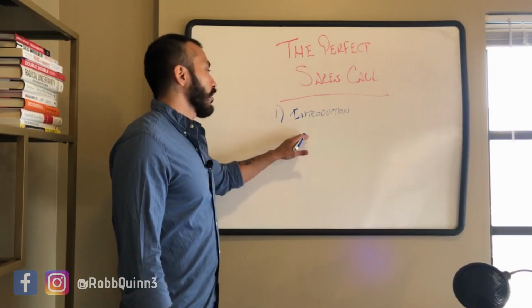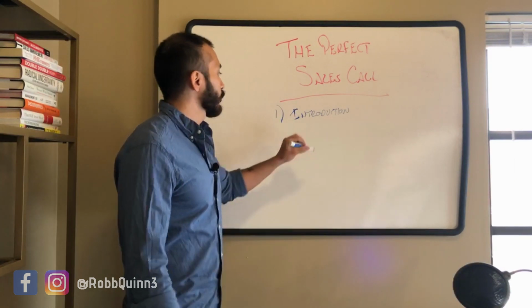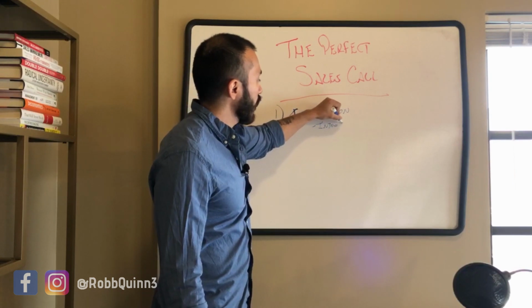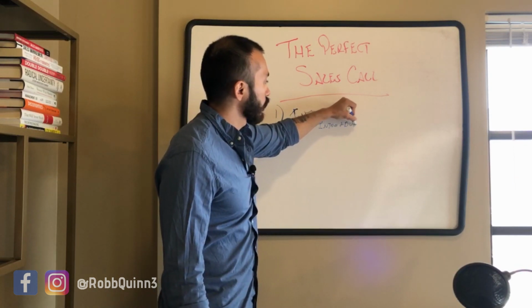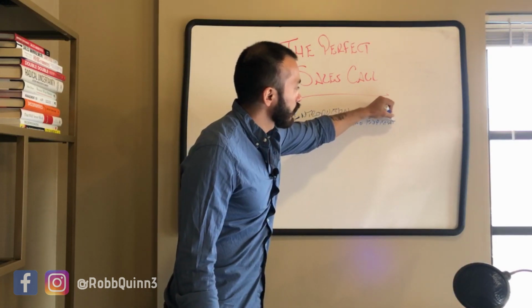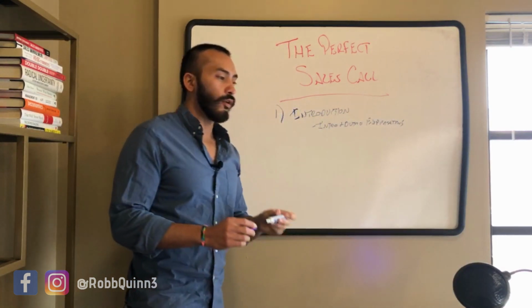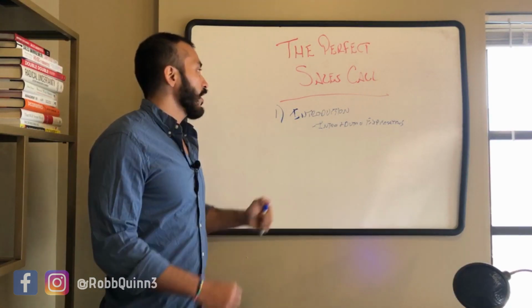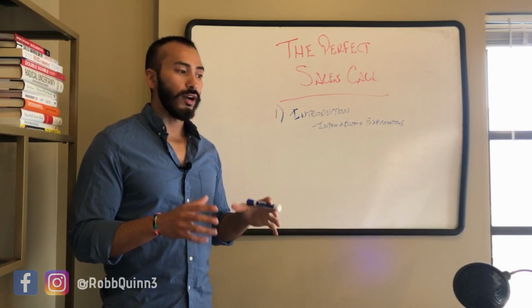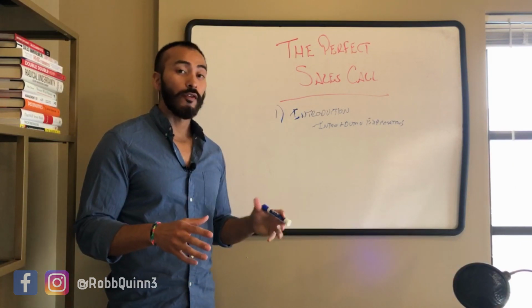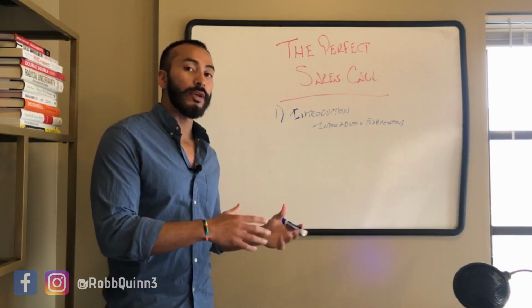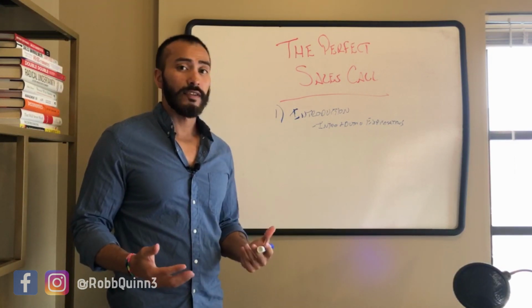So, introduction. There's a couple of components that you want to look at here with introduction, and the two are intro and outro expectations. The intro and the outro expectations set the precedent, the tone of the actual call, and they're also going to give your prospect the confidence of knowing what's going to happen at the end of the sales call.